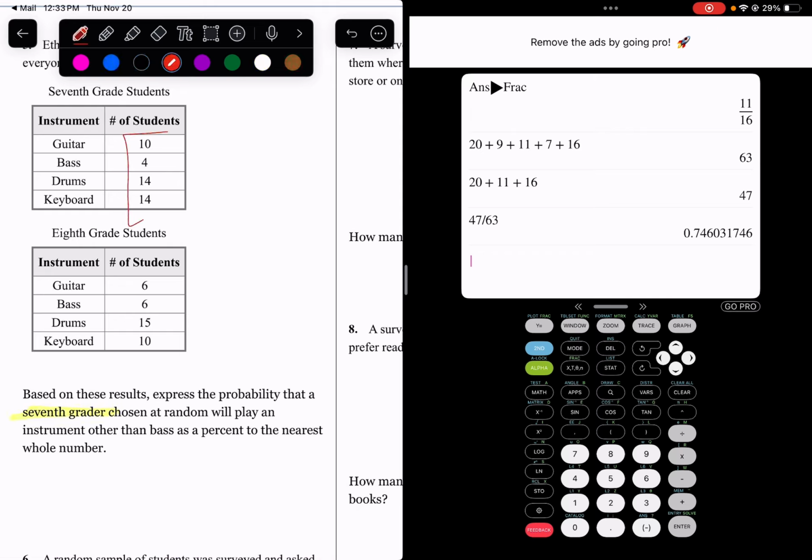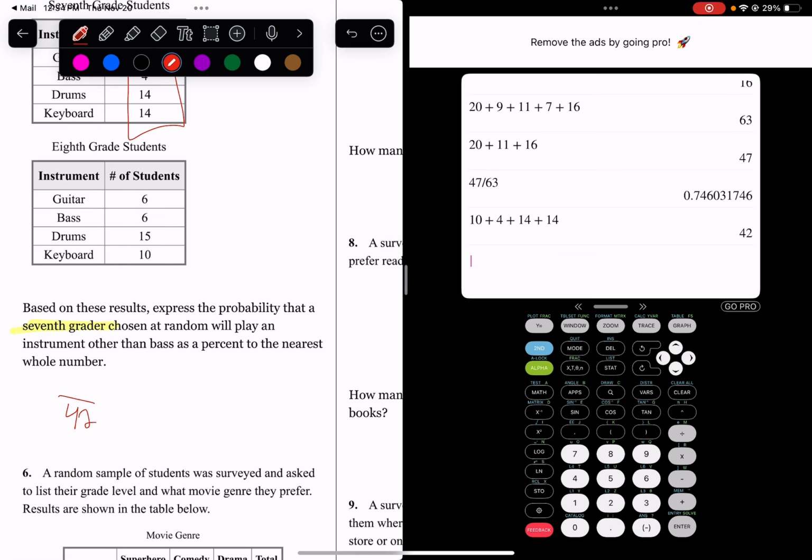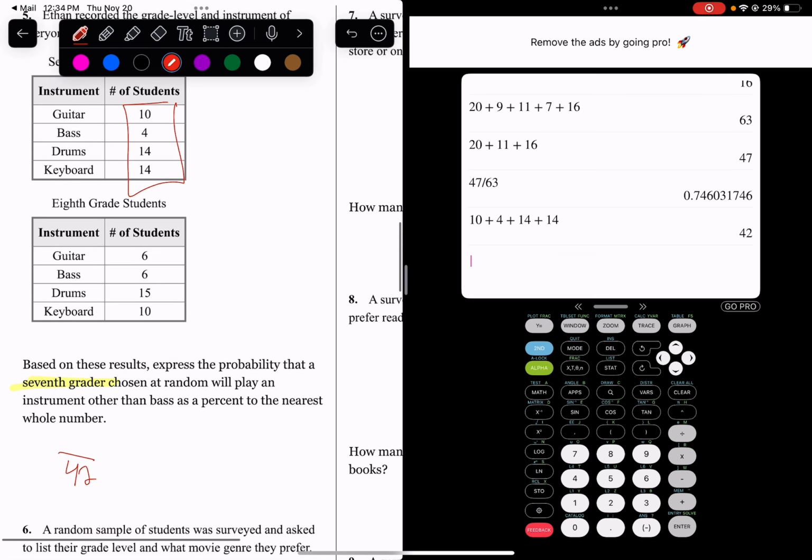So I have to figure out, well, how many 7th graders did I have here? Well, I have 10, 4, 14, and 14. So I have 42 total 7th graders. And they want an instrument other than bass. So I have to add up all the instruments other than bass, which is going to be 10, 14, and 14. So I end up with 38. So I get 38 divided by 44.